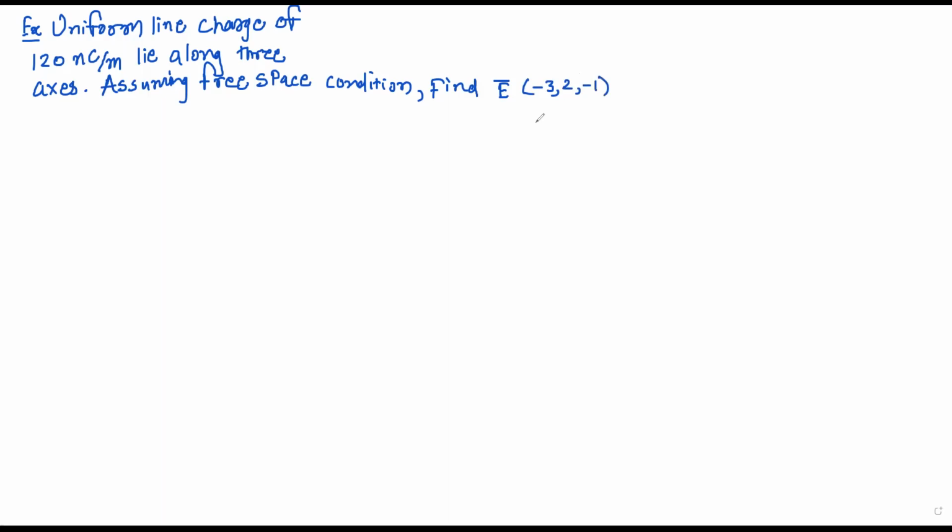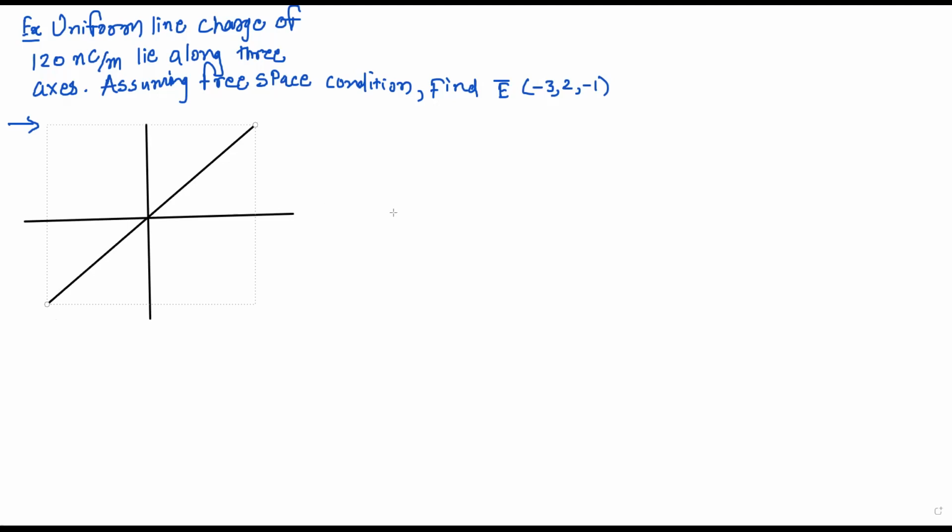बघा आता इथं काय करायचं आपल्याला. Let's try to draw the picture from given scenario first. So let me try to draw this. So this is your Z axis. This is the Y axis, right? And this is the X axis, right?